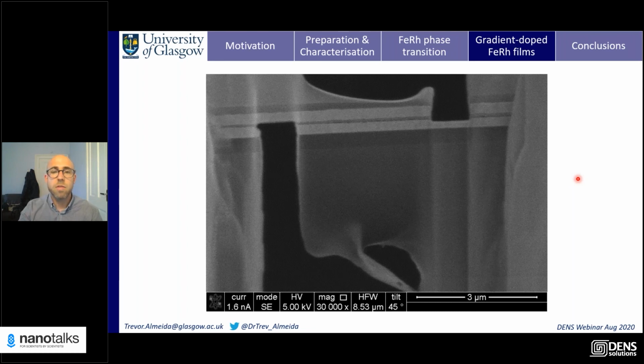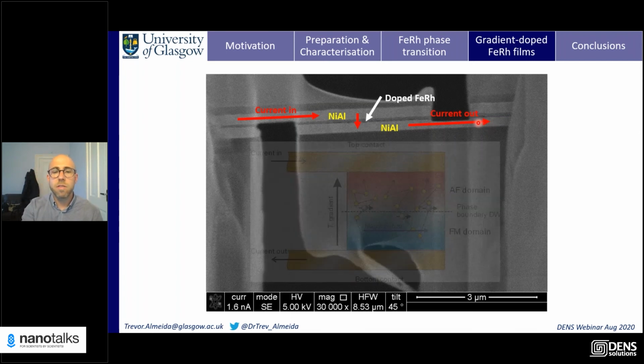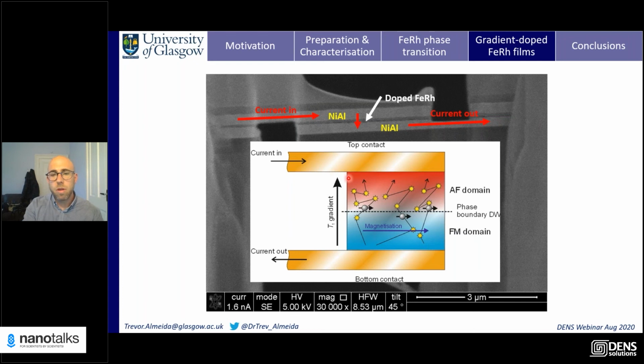is get an iron rhodium thin film, which is doped, between two contact layers of nickel aluminium. So essentially, we can have conduction pathways for the current. So we can have the current in through one contact layer, down through the iron rhodium thin film, and then current out the other side. And what we want to do ideally is, if we have our doped iron rhodium in the middle, and therefore we have a gradient in transition temperature, so we can control the phase boundary essentially using temperature and trap it in this situation.